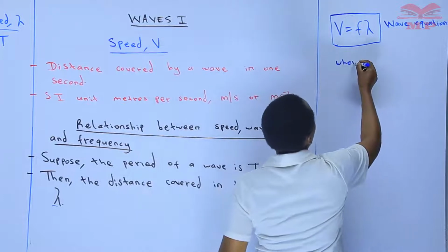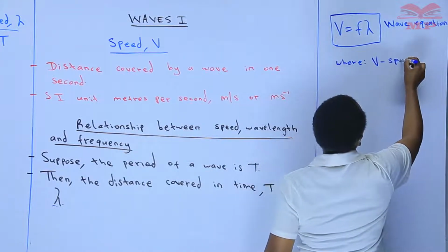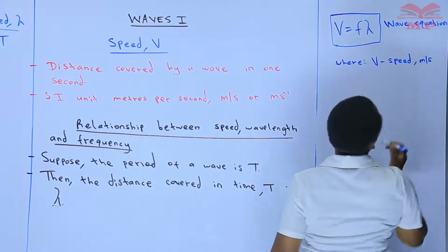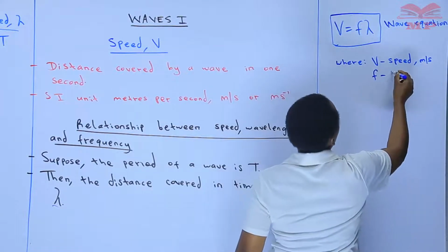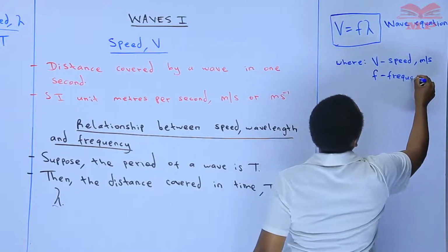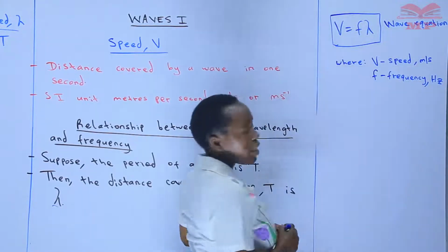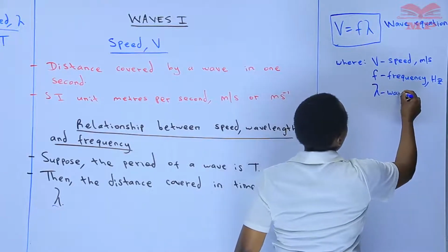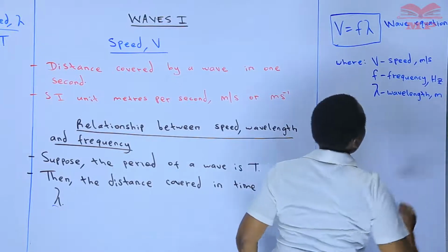So we can define these terms, where v is the speed of the wave, in meters per second. Then f is the frequency, and the frequency is in hertz. And then we have lambda, which is the wavelength, and the wavelength is in meters.